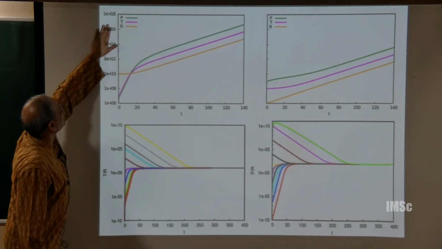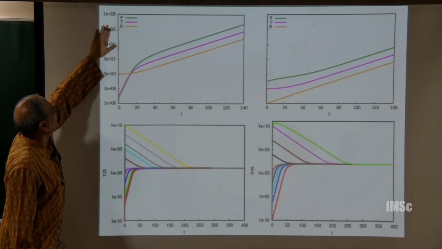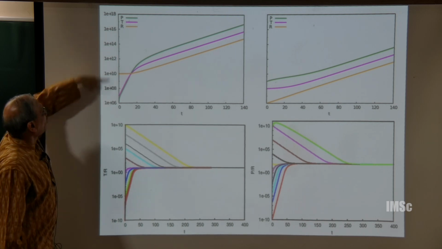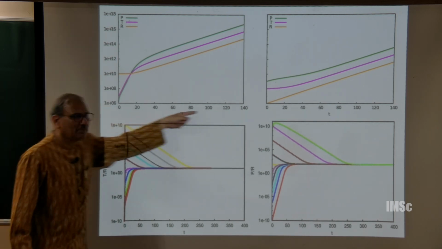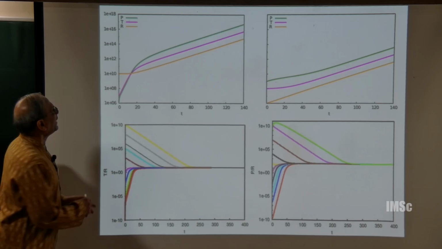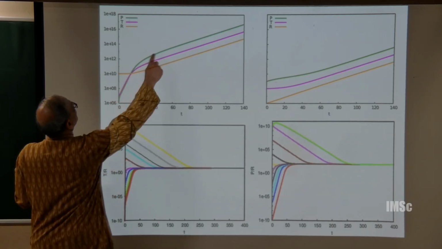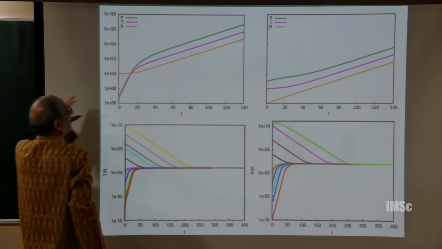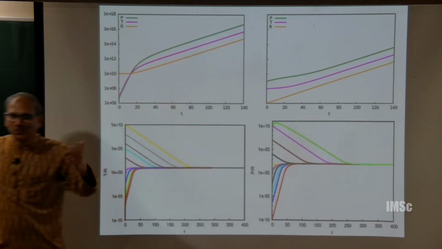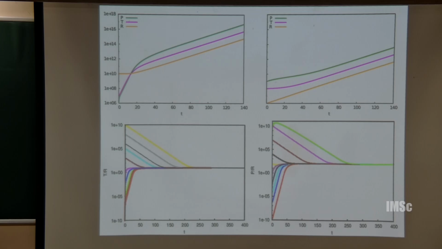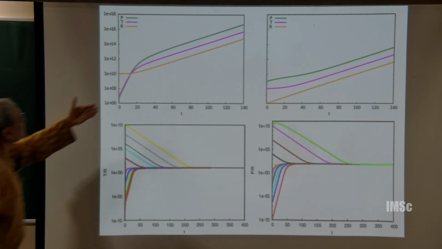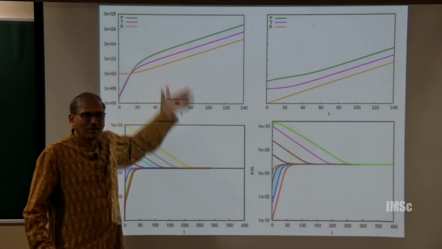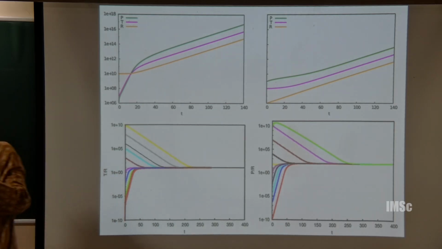The populations are plotted on the y-axis on a logarithmic plot, and time is on a linear plot. And so you see, P is the green one, this is T and this is R. And so you can see they end up growing exponentially. The straight line means that they are growing exponentially. And the fact that these straight lines are parallel means that they are all growing exponentially at the same rate.